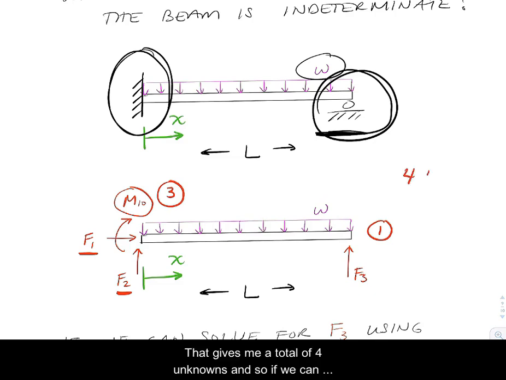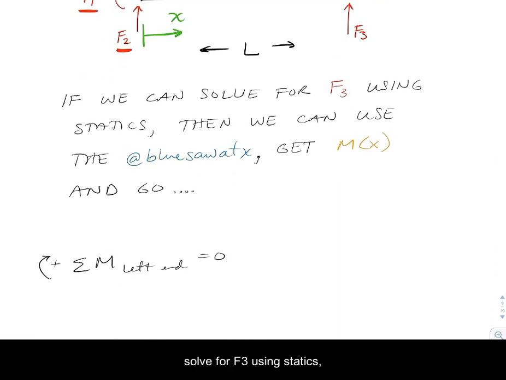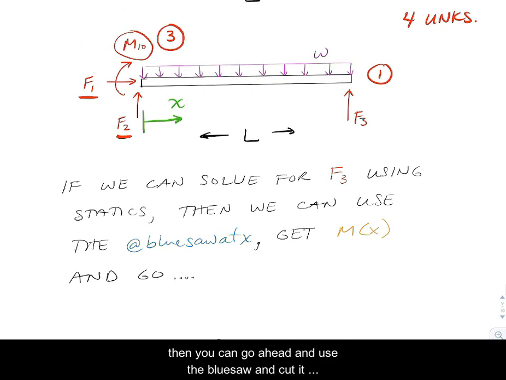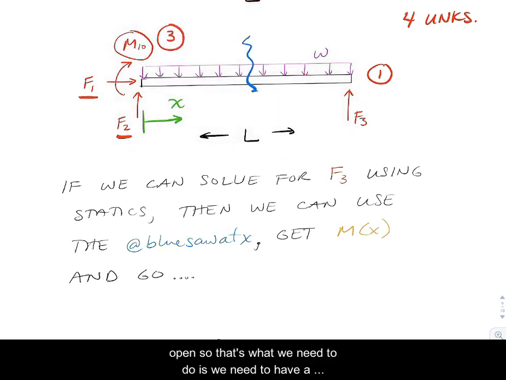That gives me a total of 4 unknowns. And so if we can solve for F3 using statics, then we could go ahead and use the blue saw and cut it open. So what we need is a free body diagram that has solved arrows, nothing but black arrows on one side, before we cut it open.